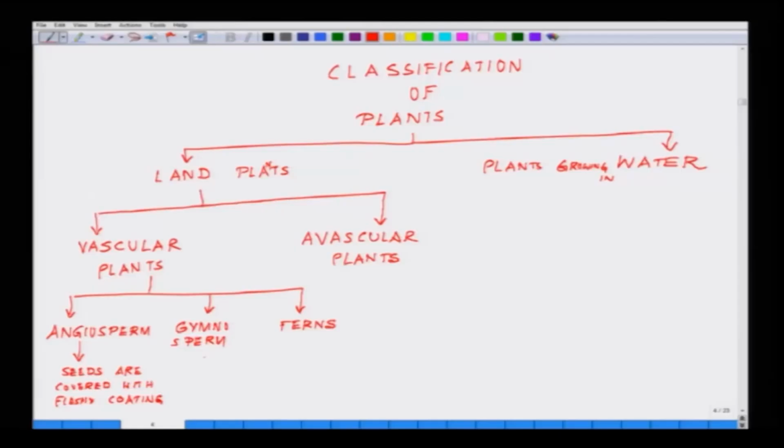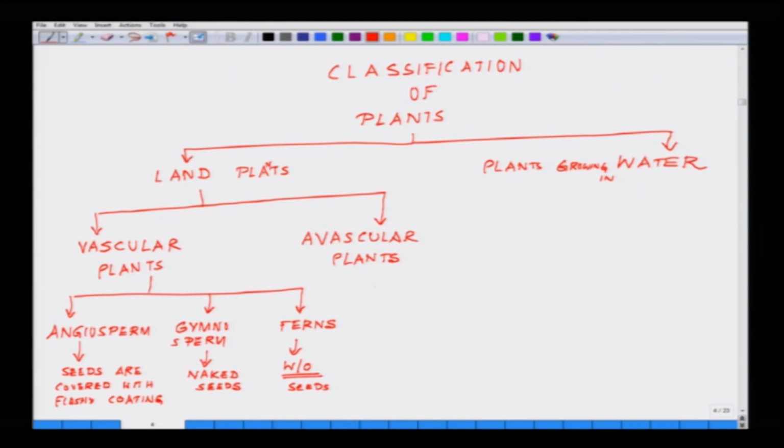So these fall under angiosperms. Then you have the gymnosperms. These have naked seeds. There is no covering on the seeds. Okay. And then you have the ferns. Ferns, though they have a vascular system, are without seeds.